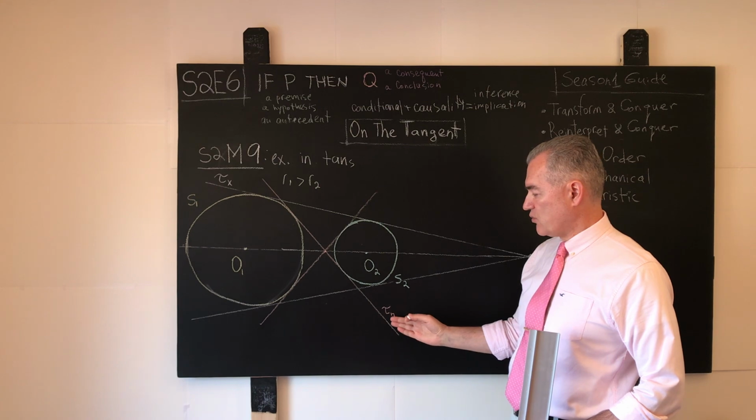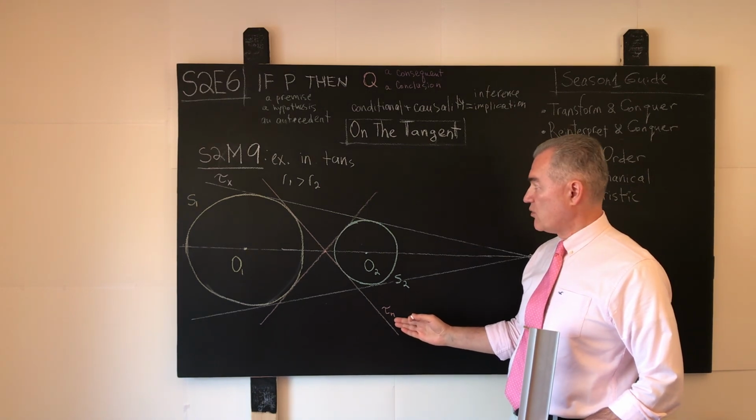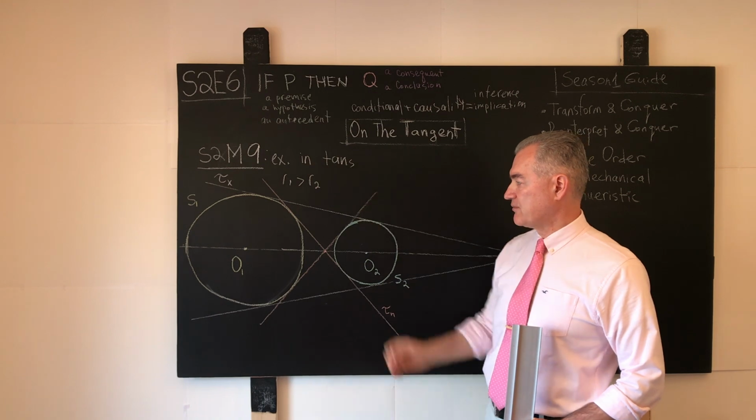We designate one with the symbols tau sub n, where n will stand for internal.